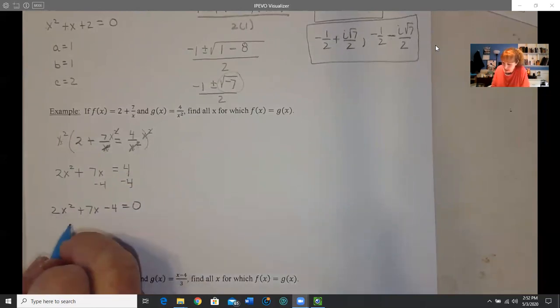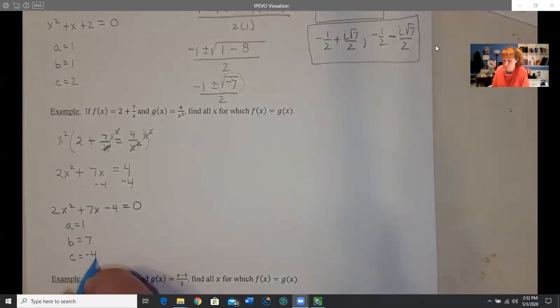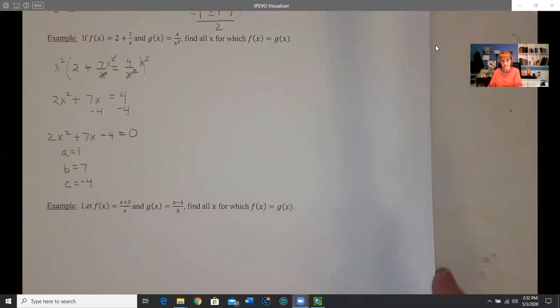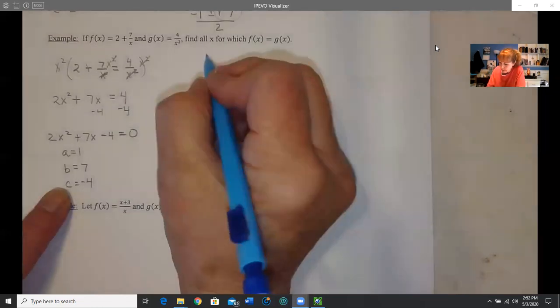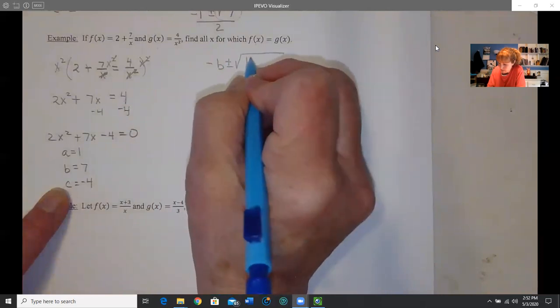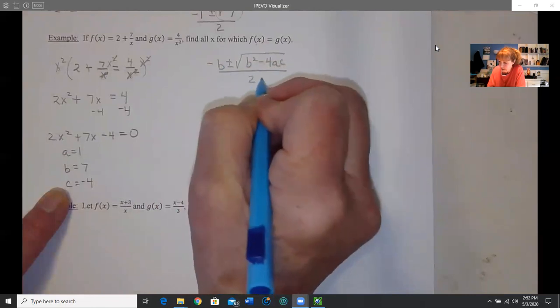All right, a equals 1, b equals 7, c equals a negative 4. The coefficients in front of the x squared, the x, and the constant. So we'll have negative b plus or minus the square root of b squared minus 4ac all over 2a.